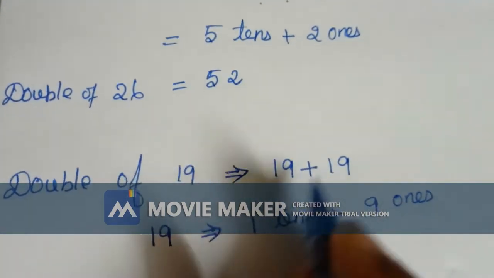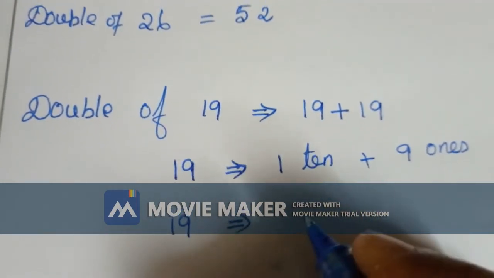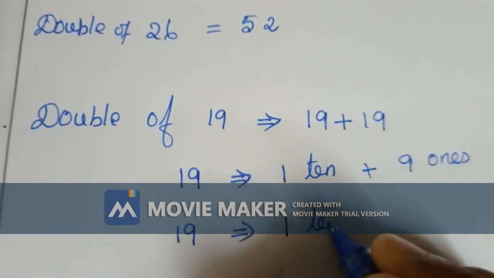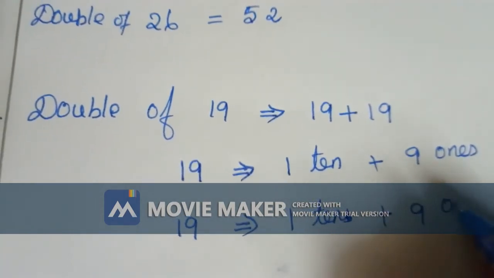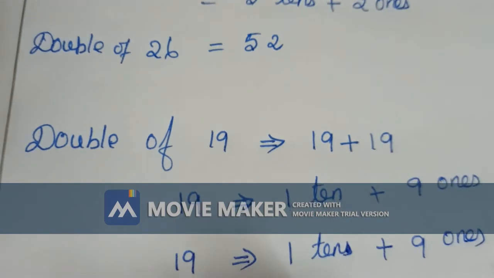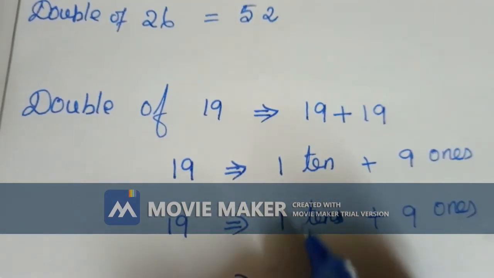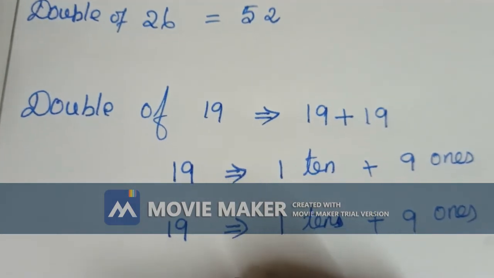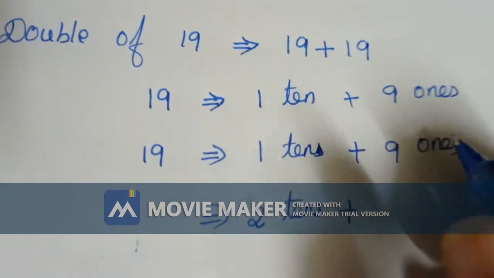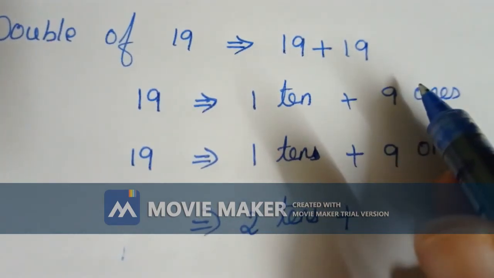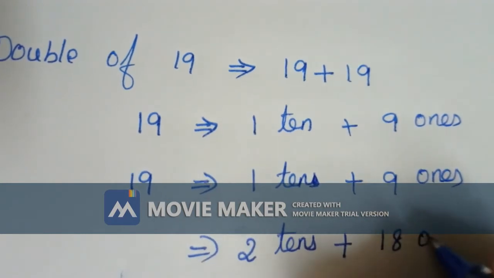Again you can write the expanded form for the same number, that is 1 ten plus 9 ones. So adding these two numbers, you can get 2 tens, plus 9 ones plus 9 ones we can get 18 ones.